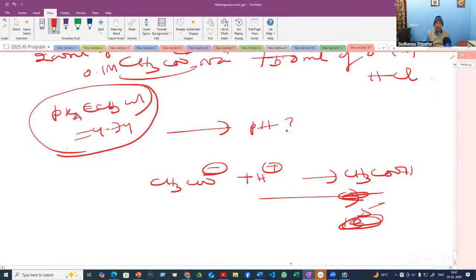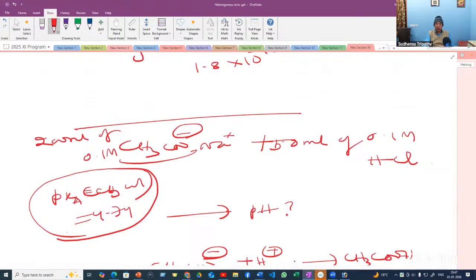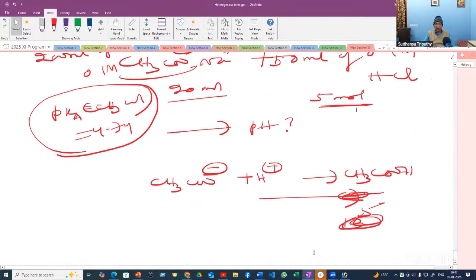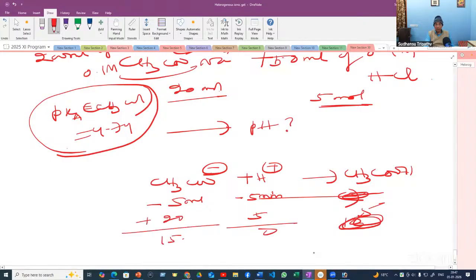So all H plus ion will vanish from the strong acid, because this is 5 millimole, this is 20 millimole. So this is in excess, 5 millimole will eat away 5 millimole and this will be 0 and this will be 15 millimole of unreacted salt, and 5 millimole of acid will form, the other way around.